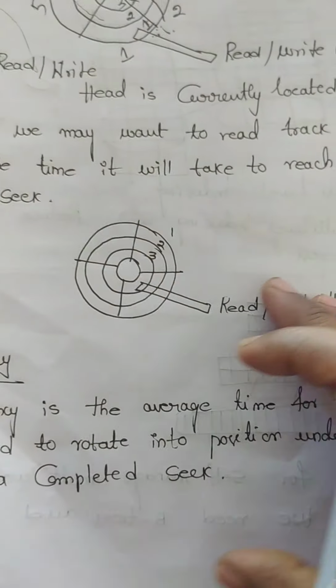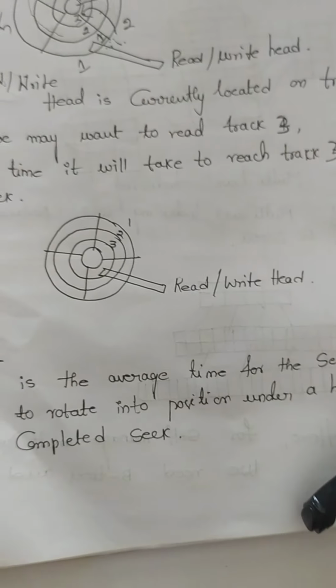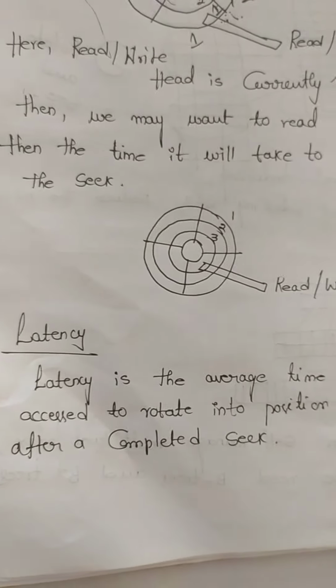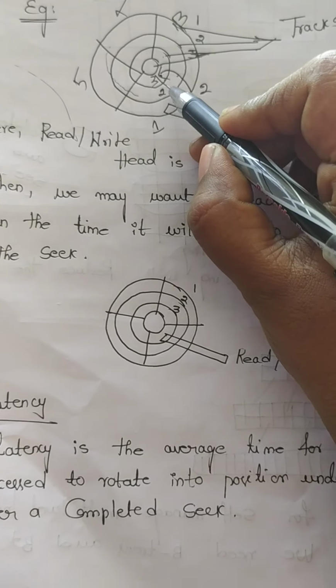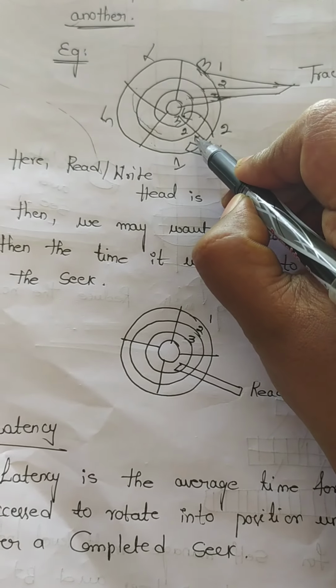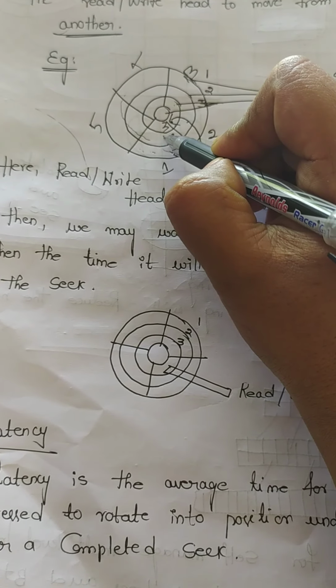What is the latency? Latency is the average time for the sector being accessed to rotate into position under a head after a complete seek. Here, from one sector to another sector, it will read or write the complete block, as well as change from one track to another track.